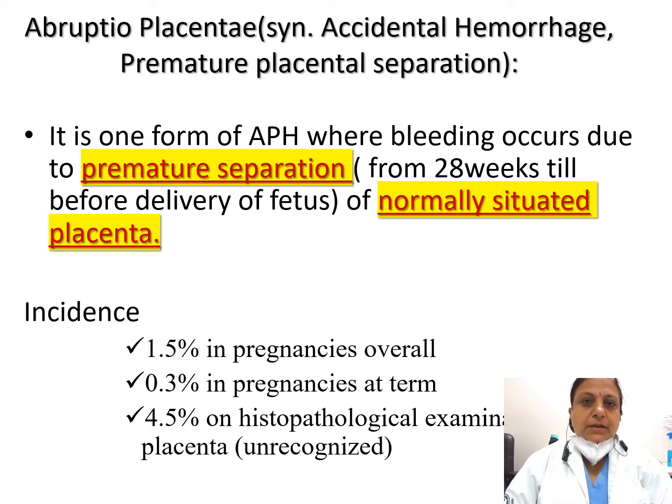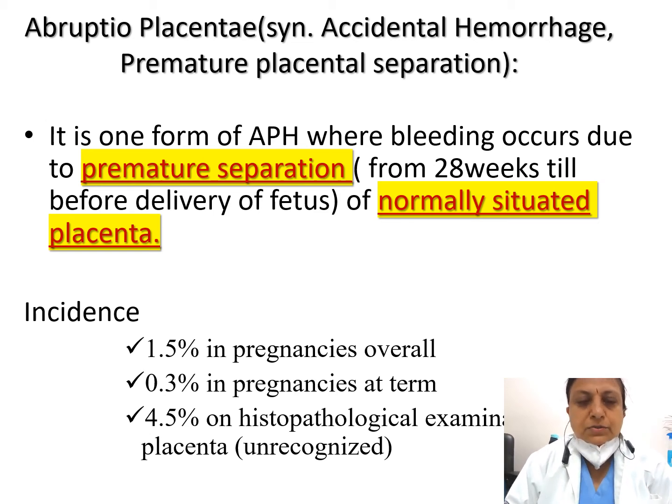The abruptio placentae term is used synonymously with accidental placentae, accidental hemorrhage, and the other word is premature placental separation. It is one form of antepartum hemorrhage where bleeding occurs due to premature separation of a normally situated placenta, that is from 28 weeks of gestation till before the delivery of the fetus.